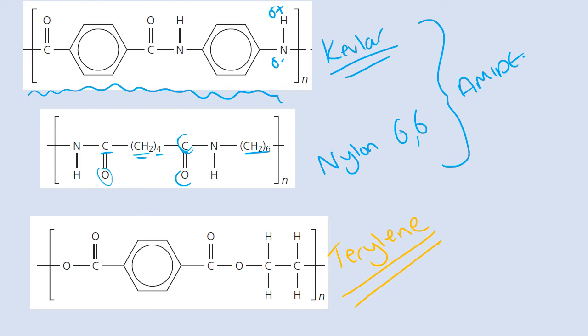Now Terylene, you won't have hydrogen bonding in Terylene, but we will have some dipole-dipole going on. So you are going to have stronger intermolecular forces in these condensation polymers, in particular these polyamides, because of the hydrogen bonding. So be prepared to talk about intermolecular forces there. But again, if you're up to speed with your AS intermolecular forces, that's fairly straightforward.